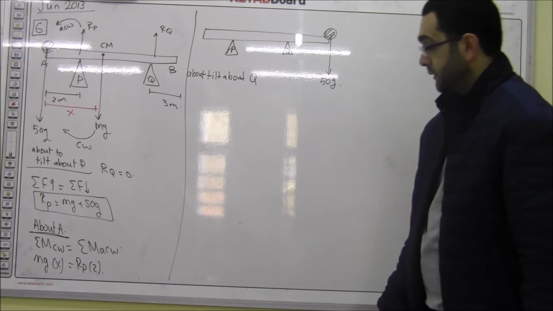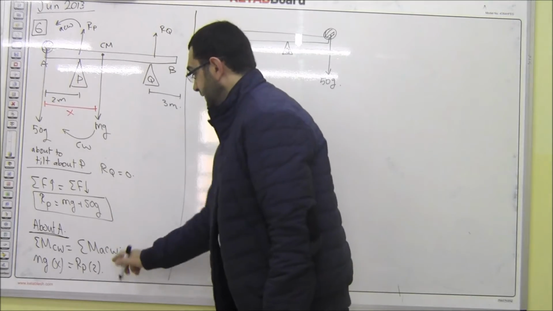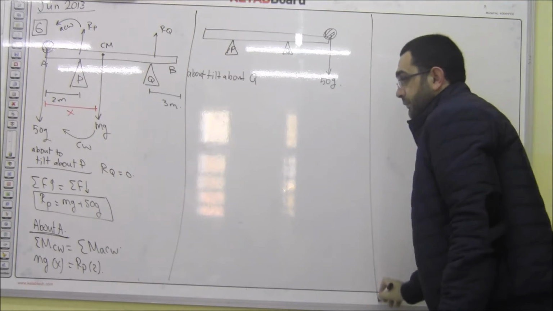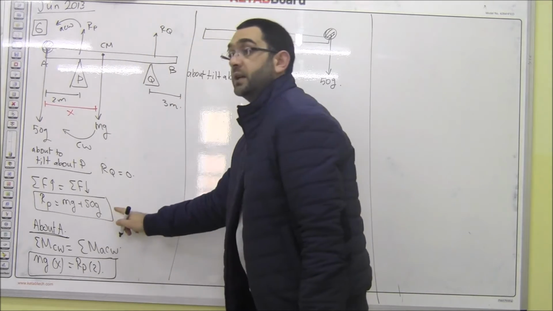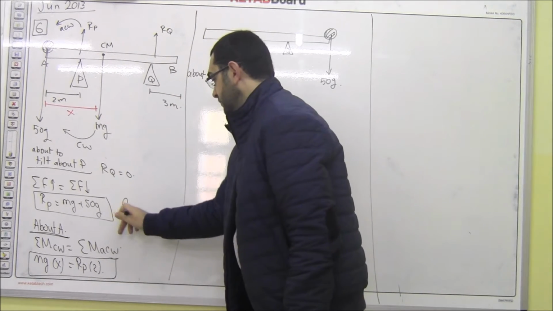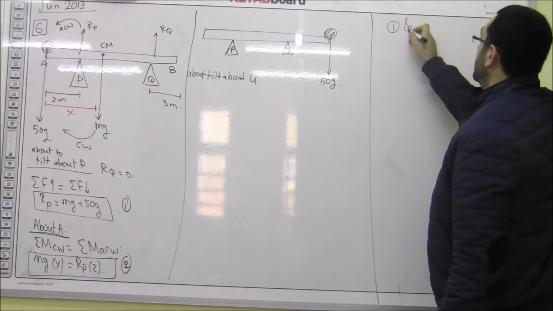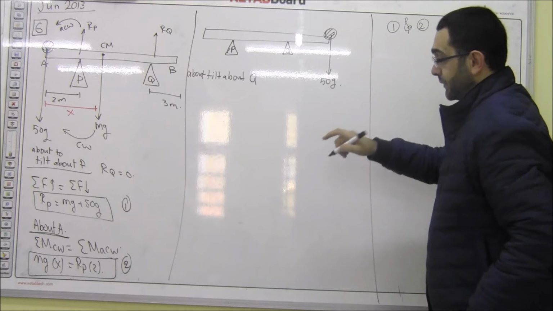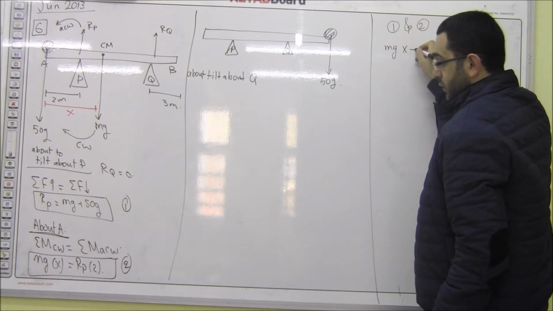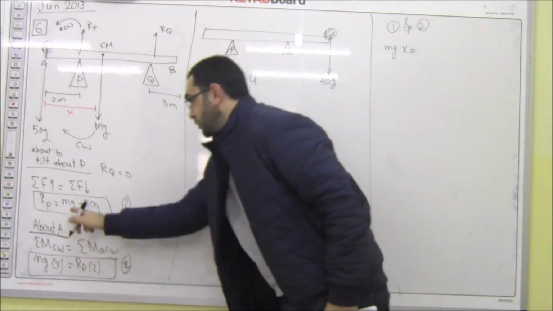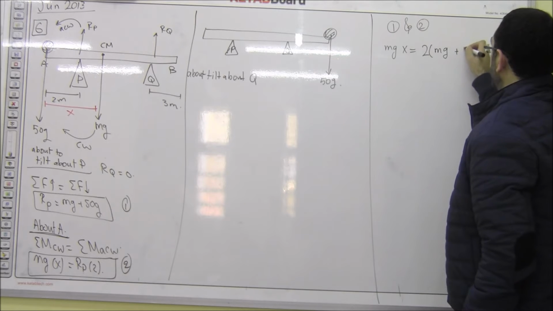Clear? So I have to rearrange these equations. Let's say this is 1 and this is 2. Equations 1 and 2 can be rearranged as one equation: mgx equals RP, which is 2 times (mg plus 50g).